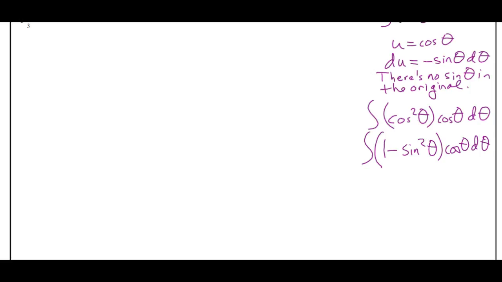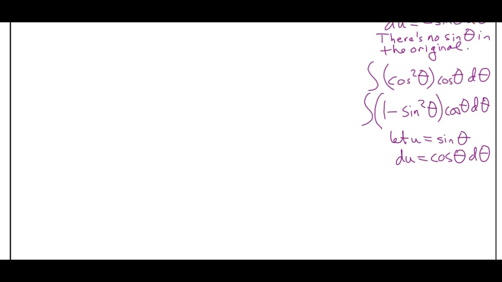So now, if I let u equal sine theta, then what's du? So du is cos theta d theta, right? So now, we're okay. We can do a u substitution on this. We've got the cos theta d theta, right? So that's just going to be replaced by du.